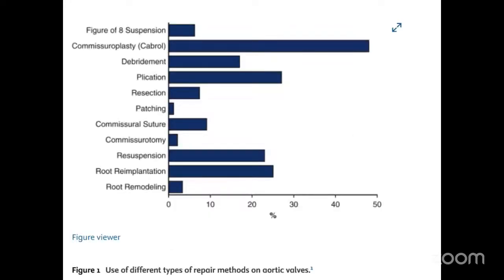Here are statistics of the most commonly done repair.